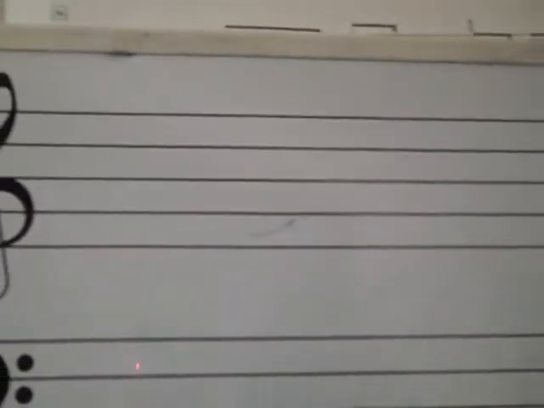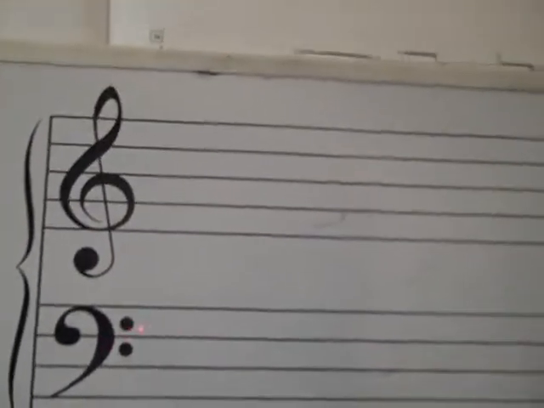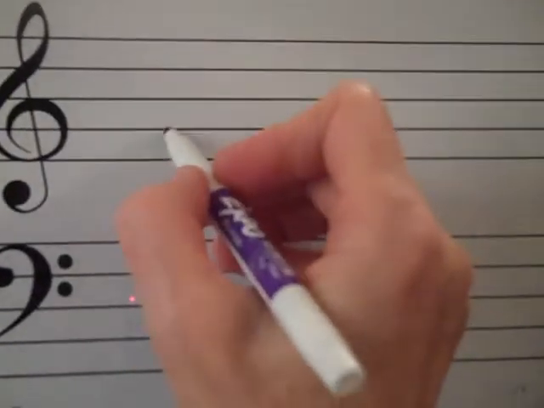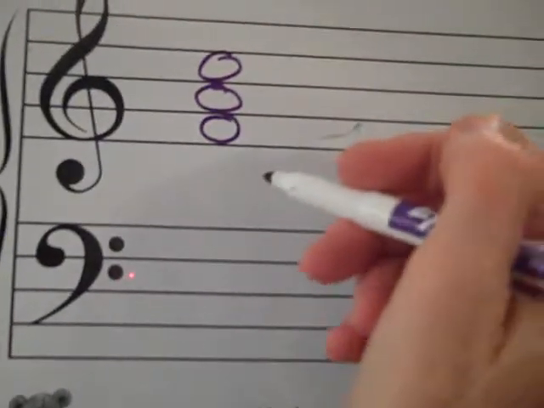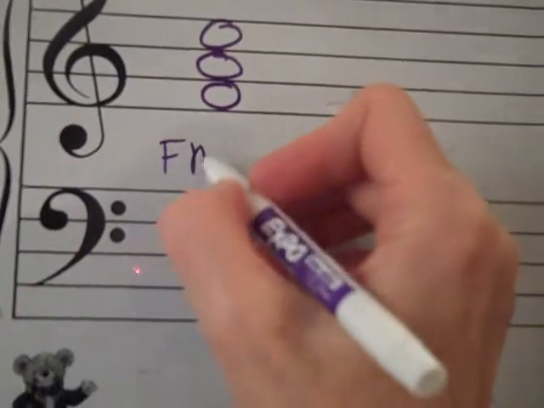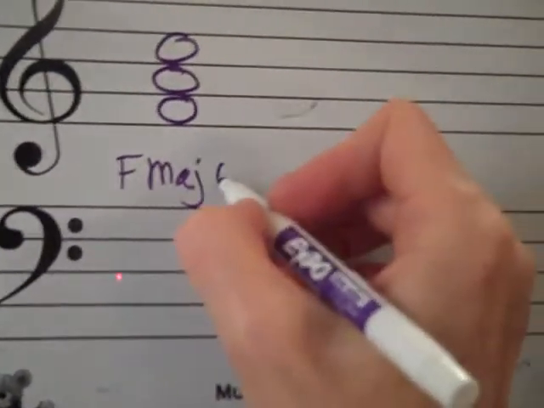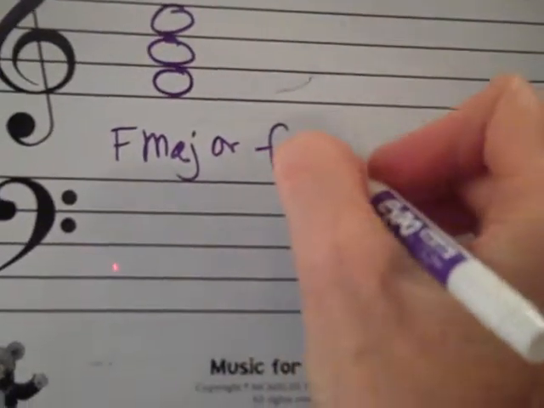Now your job, if you are in the earlier stages of just recognizing chords, and I believe that early on they'll give you a choice and they'll say, is this an F major chord or an F minor chord? Let's just draw one of these on here again. They would say, for instance, is this F major or F minor?